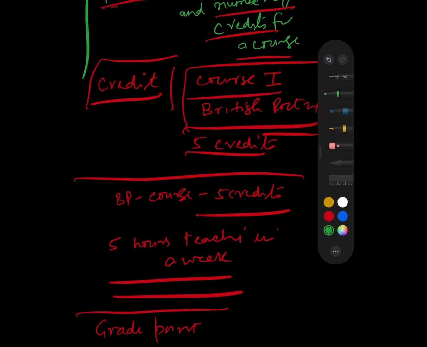For example, if you are getting 80 marks or 89 marks, you will come to the 9 scale, that is 9 grade points. So the pressure which was there on the students regarding their percentage is also less, and the overall personality of the student will also be developed because they are opting for various kinds of courses.